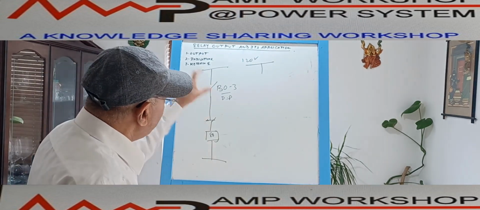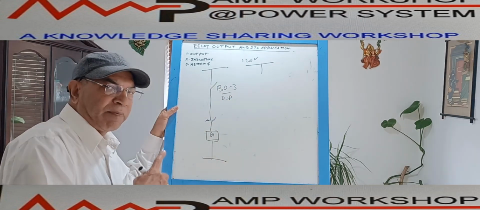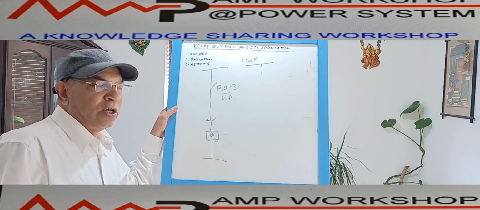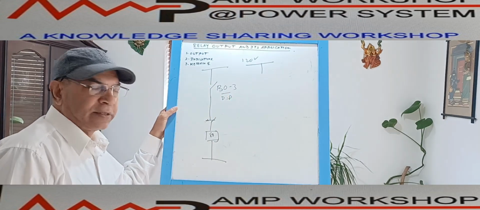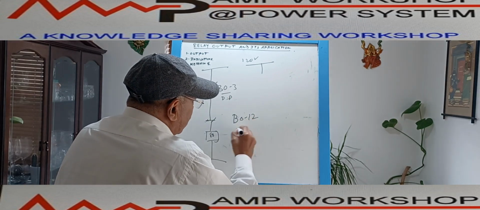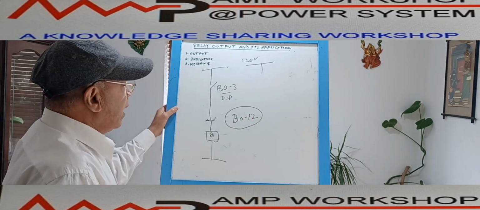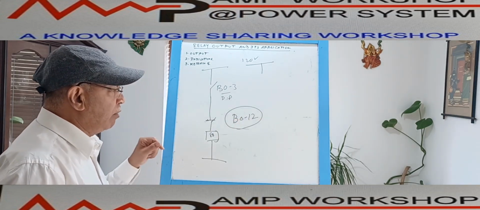Now I want, when the differential protection operated, that particular function to be annunciated in the annunciator. So in that case, another output contact of the main protection relay, suppose binary output 12, I want to program or configure for the annunciation purpose. So how will we do that?